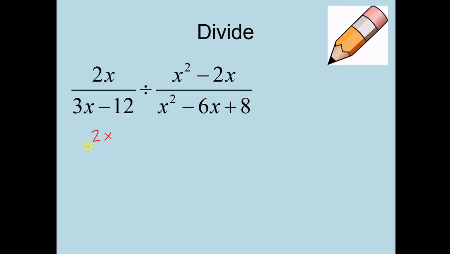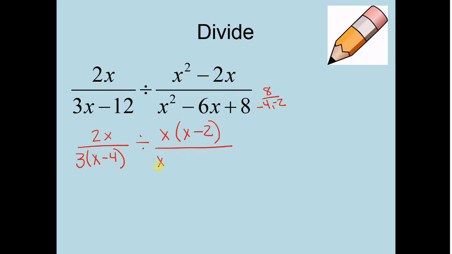So we're going to have 2x over, take a 3 out, x minus 4 divided by, I can take an x out, x minus 2 divided by AC of 8, negative 4 and negative 2 will give me that. So x minus 4, x minus 2.